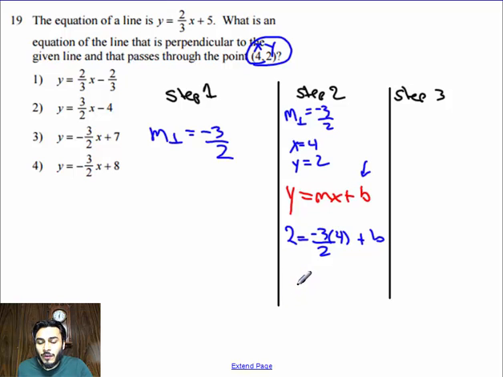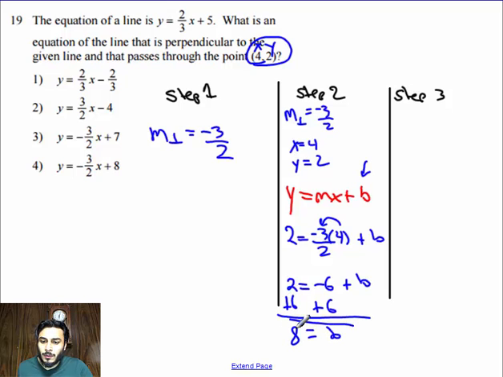And we're going to go ahead and solve for b. What you do here is multiply these and then divide by the denominator. So 4 times -3 is -12. -12 divided by 2 is -6. So we get -6 + b. Add 6 to both sides, and we get 8 = b.